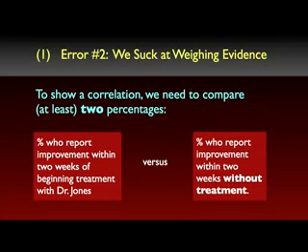If it turned out, for example, that 90% of people will report improvement in their mental health problems within 2 weeks anyway without seeking treatment, then your odds of improving are the same whether you see Dr. Jones or not. And the correlation is zero. There's no positive correlation at all. Or maybe there's an 80% rate of improvement without treatment. So if the rate of improvement with Dr. Jones's treatment is 90%, then at best that would support a weak positive correlation of 10%, which is still very different from a 90% correlation. So this evidence in Dr.